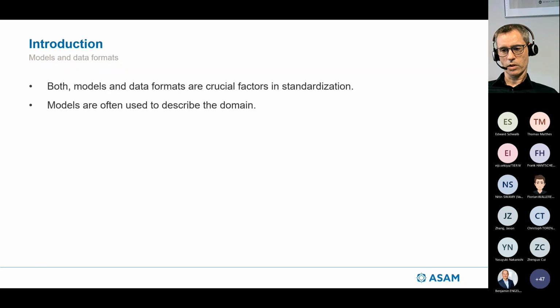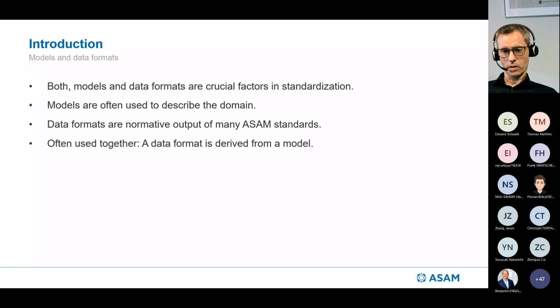So we describe our domain with models. We often use data formats as a normative output of our ASAM standards. Whenever we are working on a standard, mostly when we want to share domain objects, we use data formats to do so.